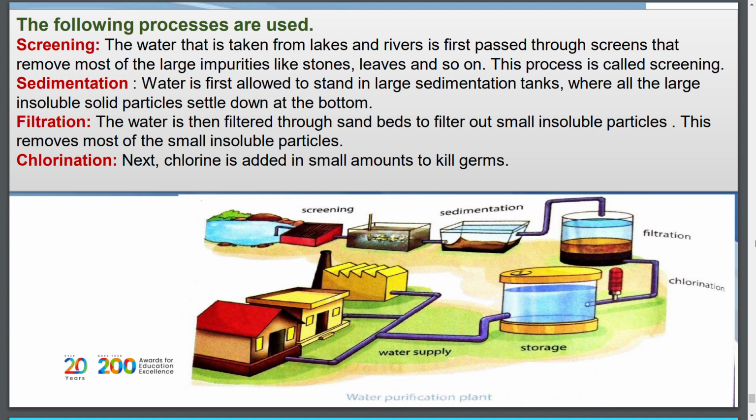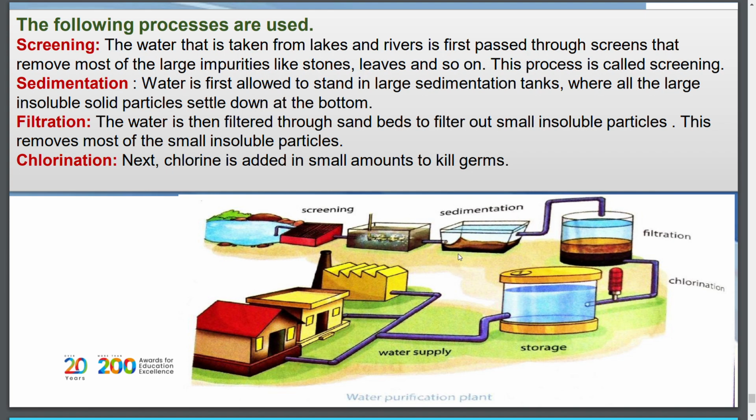So this is how it gets filtered. I won't be reading all of this, I'm just going to explain it. They take muddy water and mix everything, and then throw it here.